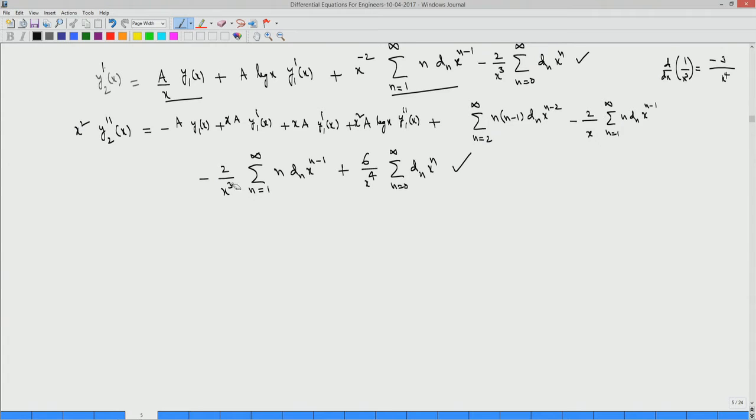And then here again x, and here x square. So you will get x square y double dash.